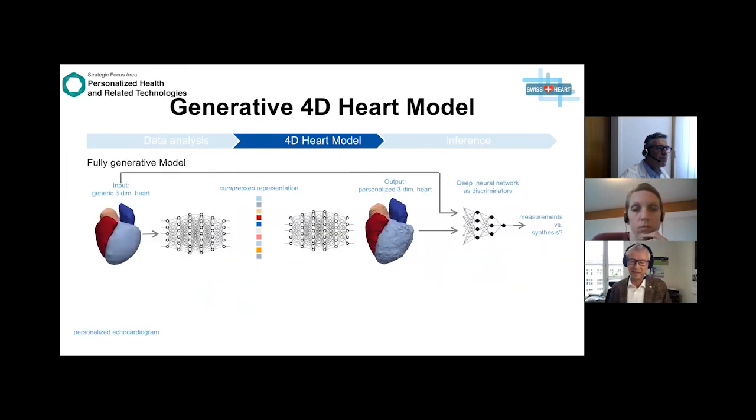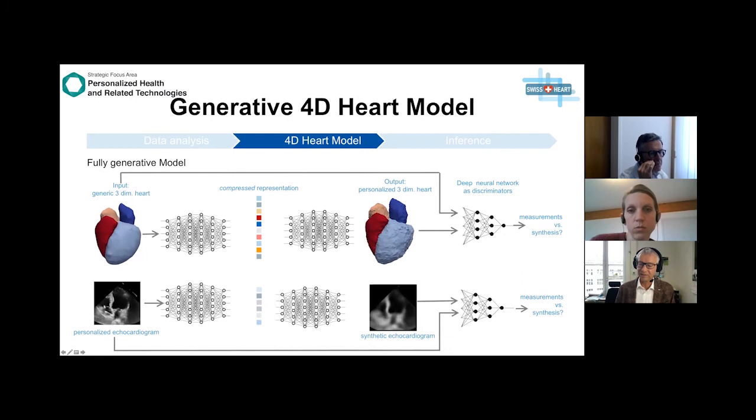We have a second line of less discriminative, more generative analysis to build the heart model. Here you see the geometry, which is analyzed and then reconstructed here. And then we use a discriminator network, which has to discriminate between the reconstruction and the original input. And whether this network then has to make a decision, is that for real or is it fake?